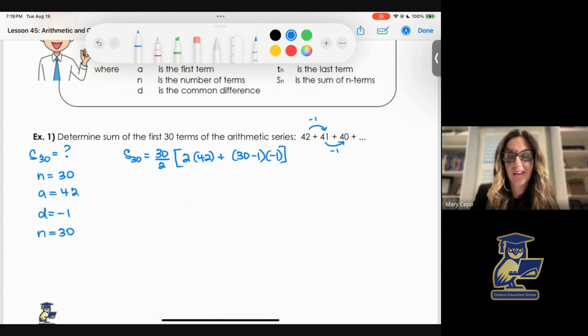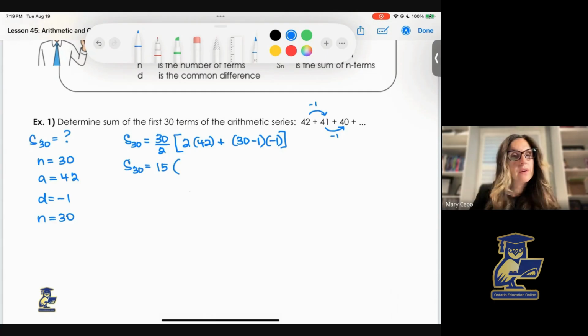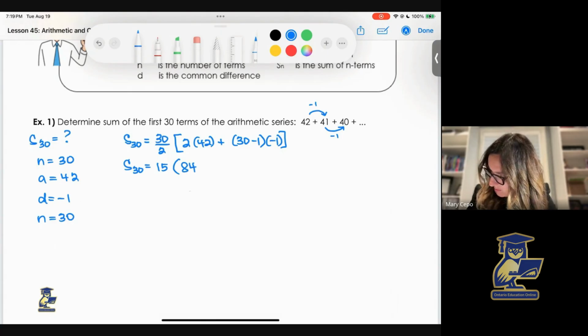Okay, the one thing that we always have to follow in math is BEDMAS. So within the brackets, we're going to make sure we follow BEDMAS. We can simplify that because that's just reducing our fraction. And 2 times 42, we know is 84, plus 30 minus 1, which is 29, times -1.